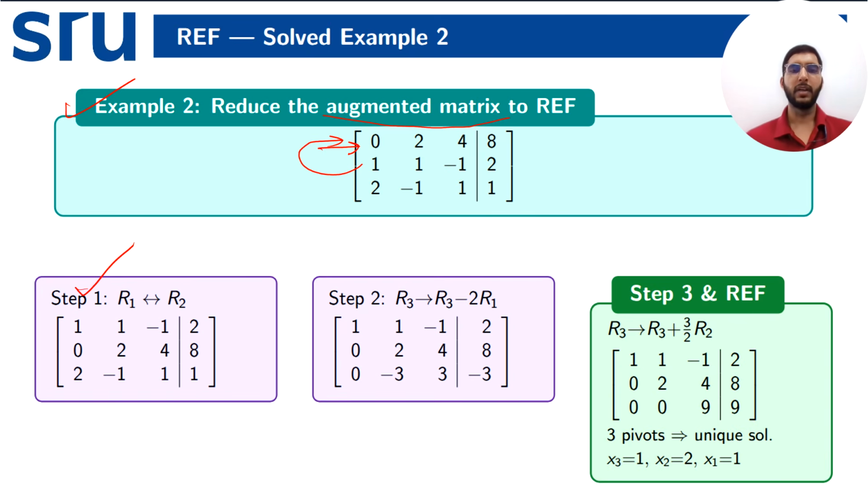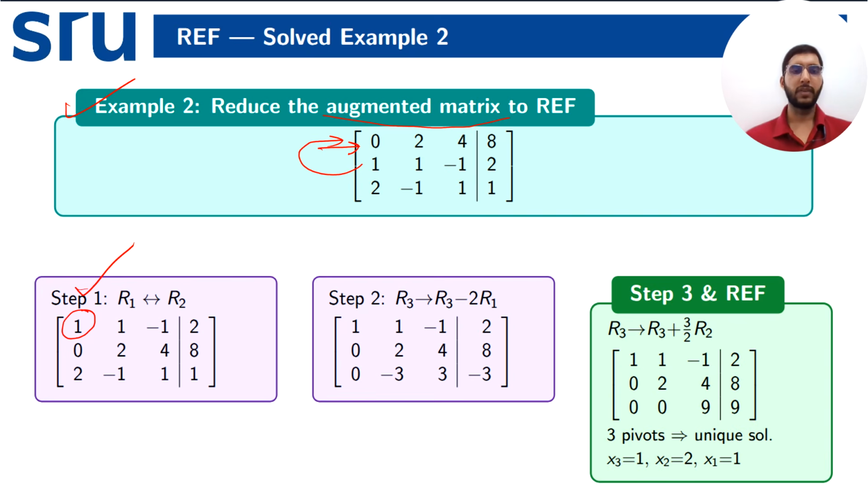Then you choose the first non-zero entry in the first row. Just understand that swapping of rows or any other row operation we apply won't change the solution of this system of linear equations, or any other system of linear equations. So let us see, just look at it.